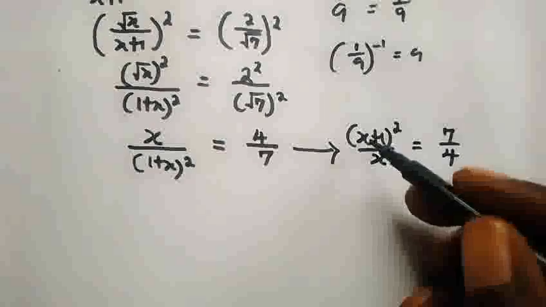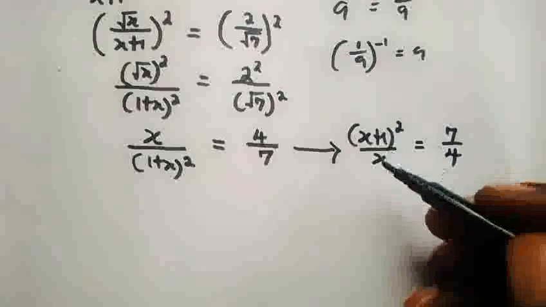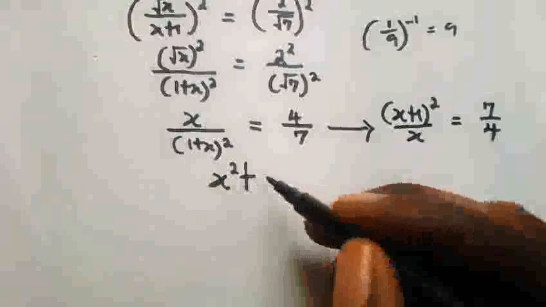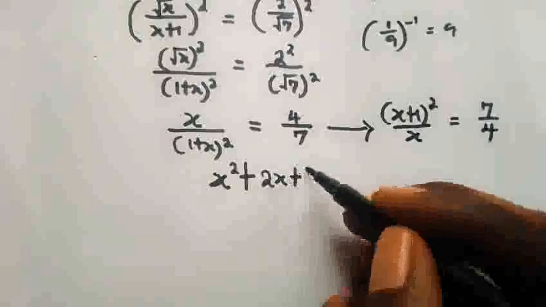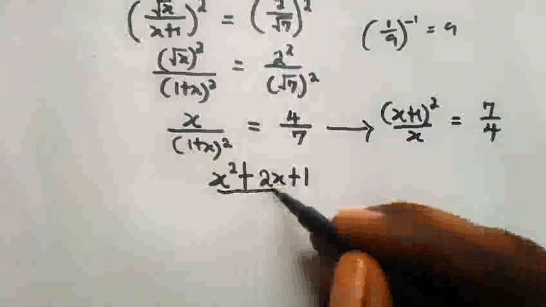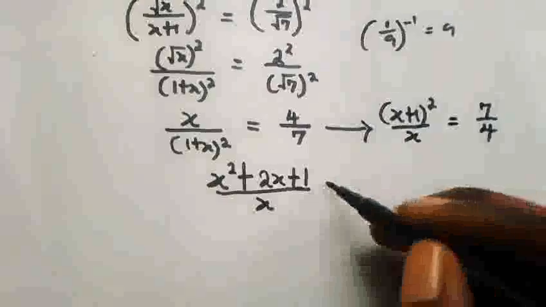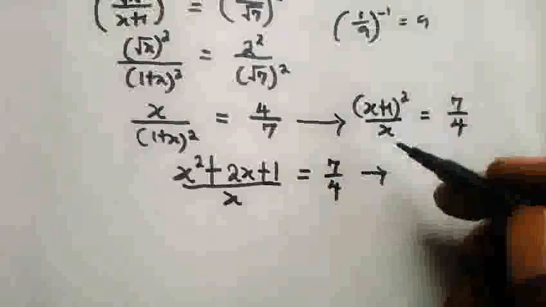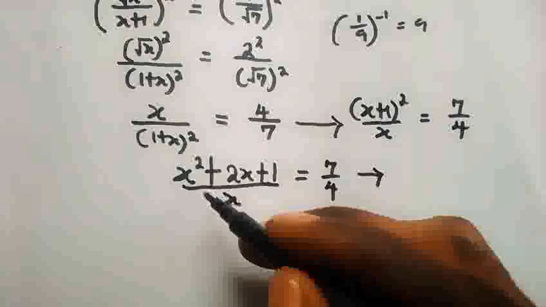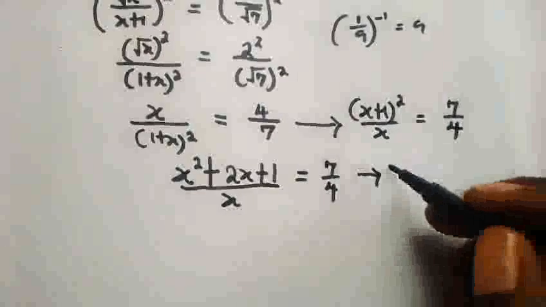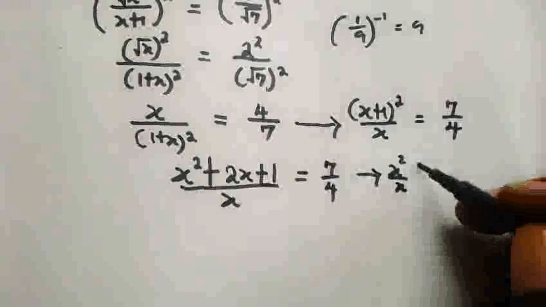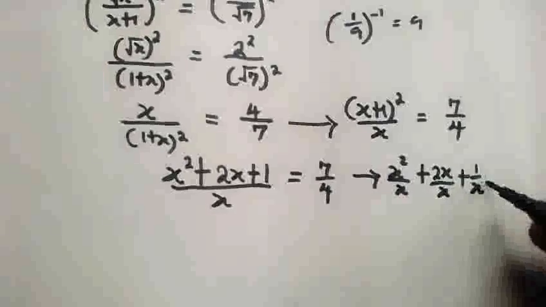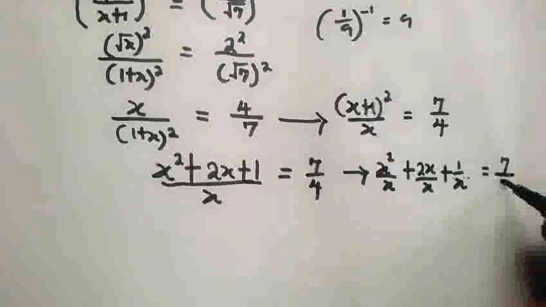Expanding this x plus 1 raised to power 2, we are very familiar with the expansion of that. We have x raised to power 2 plus 2x plus 1, all over x, equal to 7 all over 4. Let's simplify this by splitting the denominator: x raised to power 2 over x plus 2x over x plus 1 over x is equal to 7 all over 4.